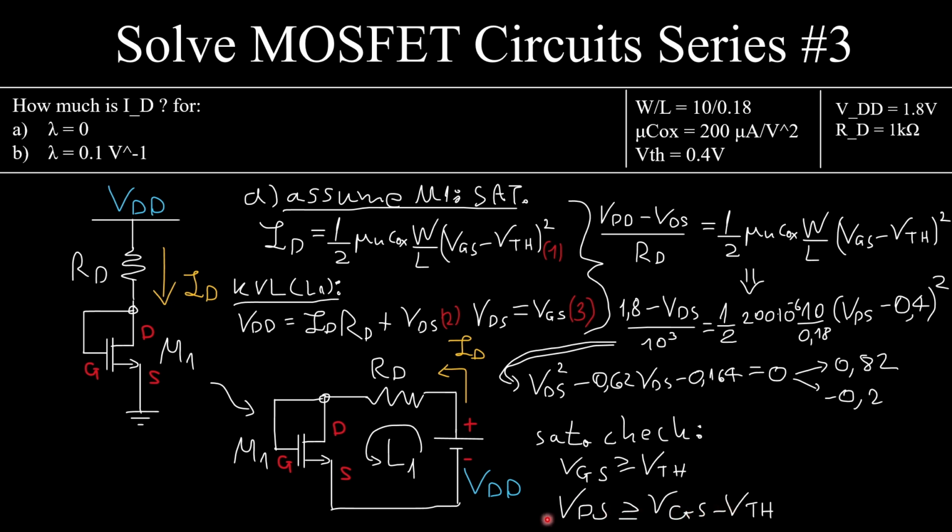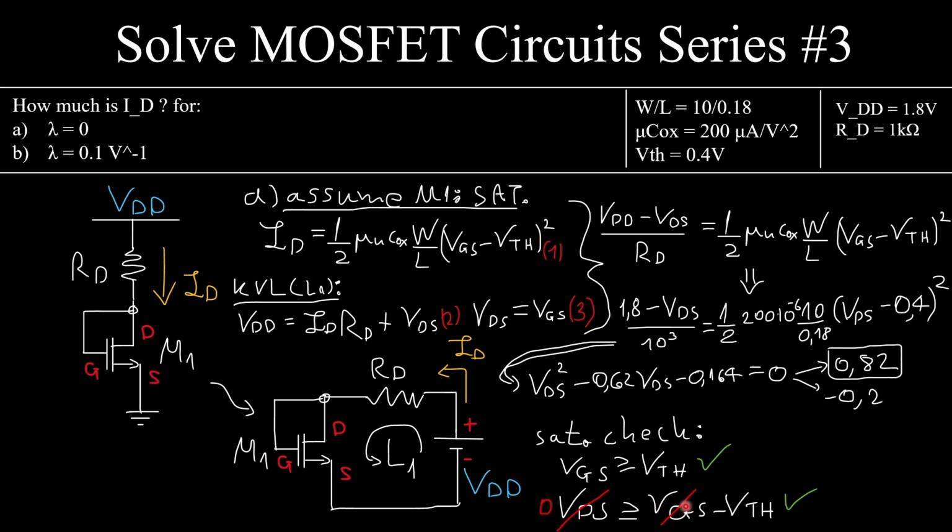Now, since VDS and VGS are the same, VDS minus VGS gives me 0. So this is 0, it's higher than minus VTH, which is minus 0.4, which is true.